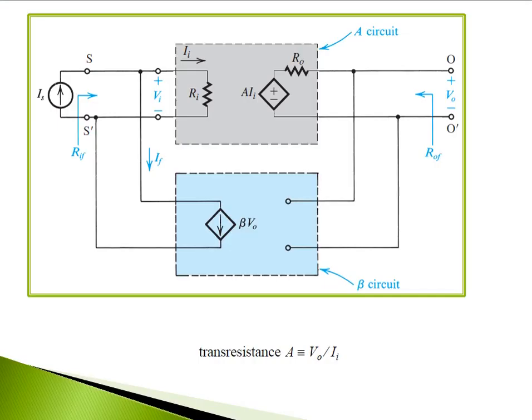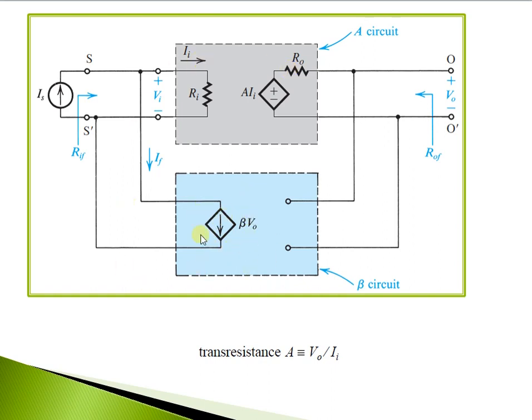The feedback transresistance amplifier consists of a unilateral open loop amplifier, denoted as the A circuit, and an ideal feedback network, denoted as the beta circuit. The A circuit has an input resistance Ri, an open circuit transresistance A, which is Vout by Ii, and an output resistance R0.